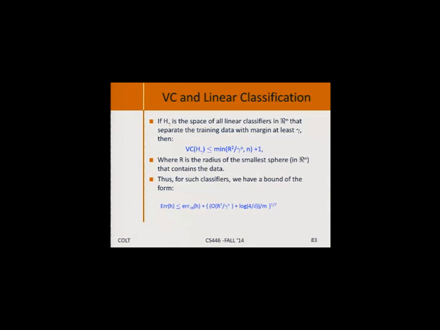So it gives closure. Basically, plugging this into the generalization bound, we see that the gap between the error that we care about and the error that we observe on our training data depends on this R squared over gamma squared, which is good.